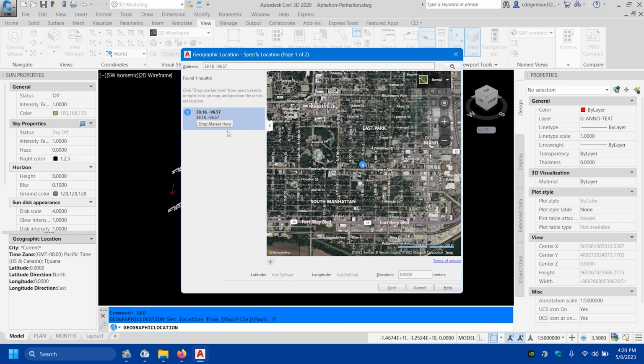And that's Manhattan. So drop the marker here. And see here. Next.